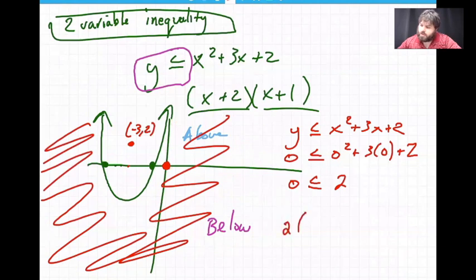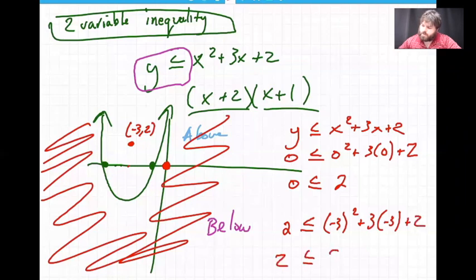All right, I plug in 2 less than or equal to x squared plus 3x plus 2. So -3 squared plus 3 times -3 plus 2. I get 2 is less than or equal to 9 minus 9 plus 2. Is it true that 2 is less than or equal to, what did I do wrong here?